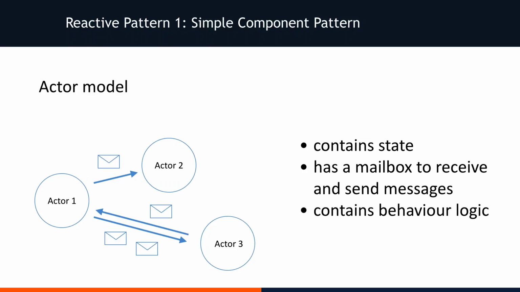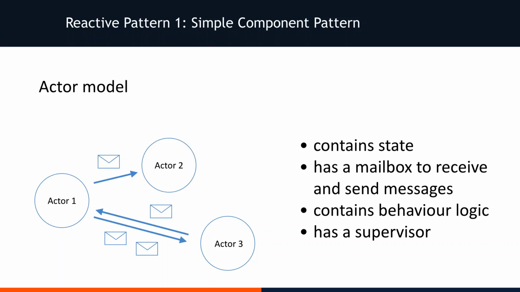It contains behavior logic, so an actor is able to execute something or to do some processing. And most importantly, an actor has a supervisor. The supervisor is especially important for error containment and resilience, because such a structure makes complex parallel processing tasks simpler and provides building blocks for resilience, as we'll see in a moment.